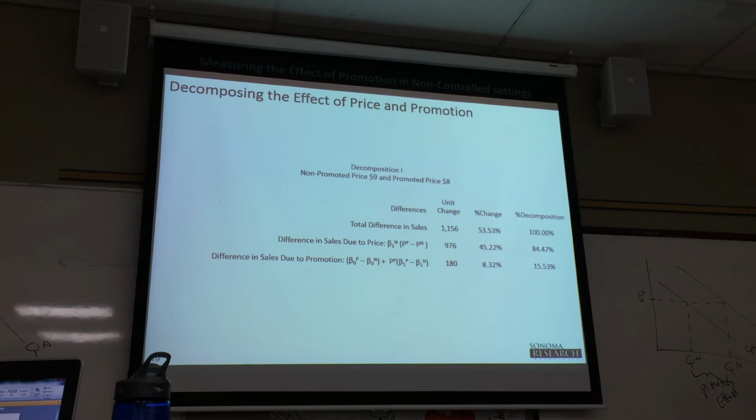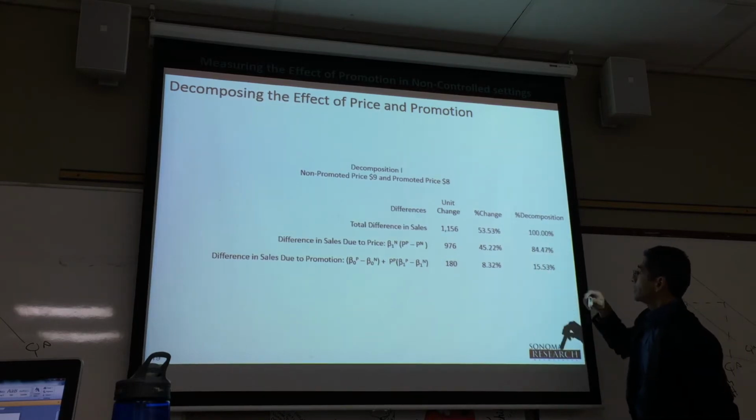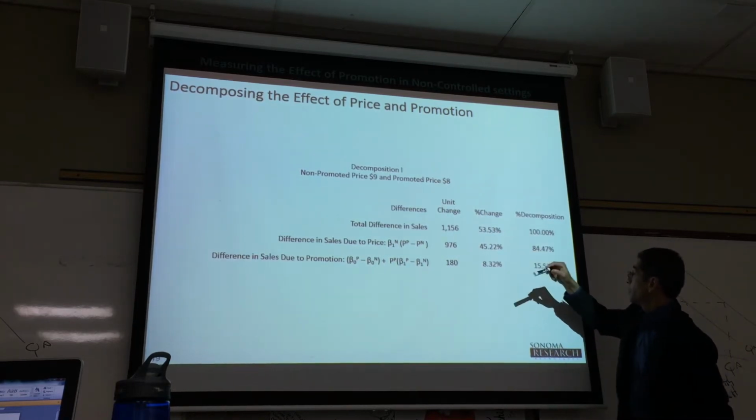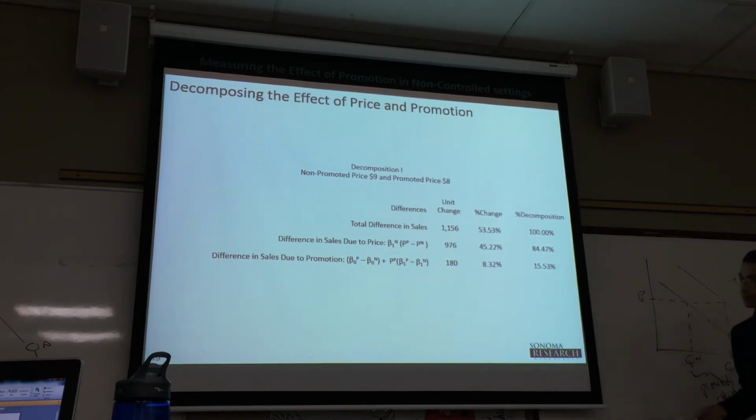But yeah, that's the overall gist of this process, decomposing the effect of price and promotion. What's the percentage composition? This is just saying that of the 100% lift, of that 53%, 84% of that lift, the 45%, is due to price, and then 15% is due to promotion.